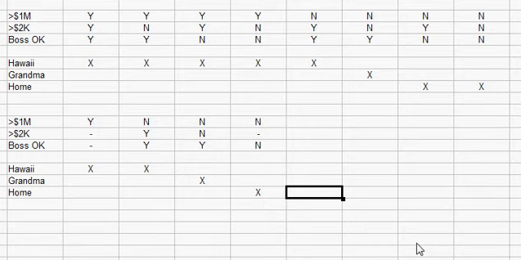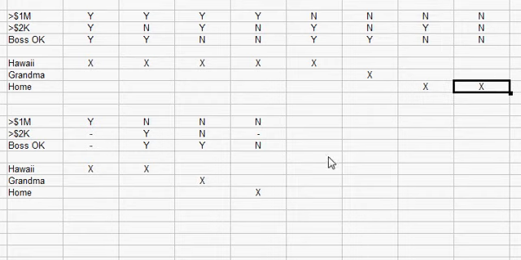Now we have that if we don't have over $1 million, then it doesn't matter if we have 2,000 or more, because this is the case where you have over 2,000, you stay home. This is the case where you don't have over 2,000, you still stay home. That's why we put the dash. The dash means it doesn't matter.